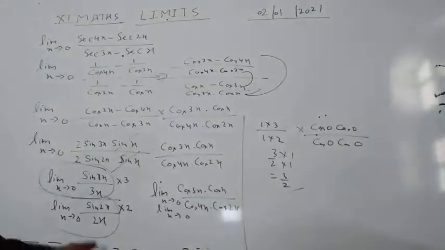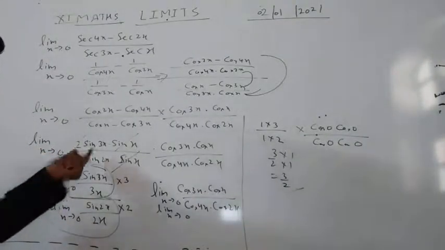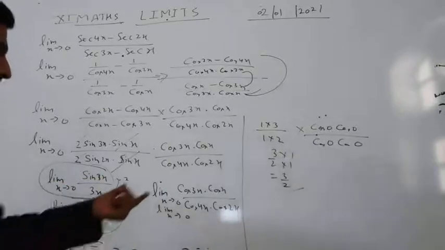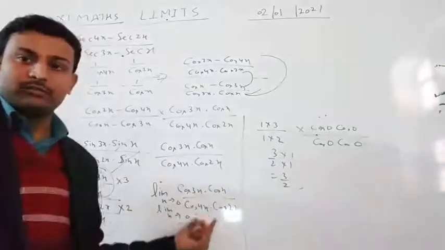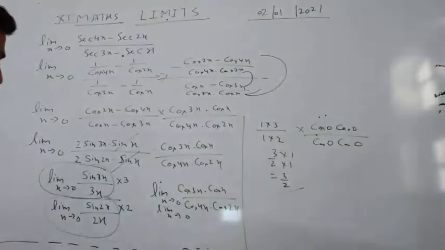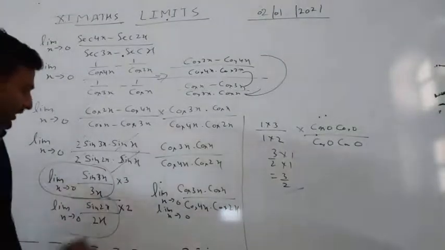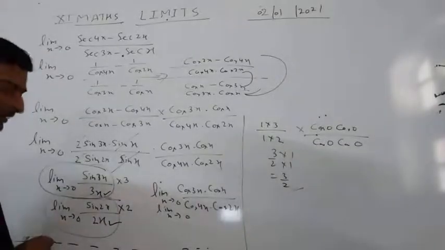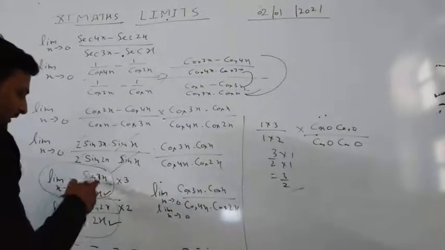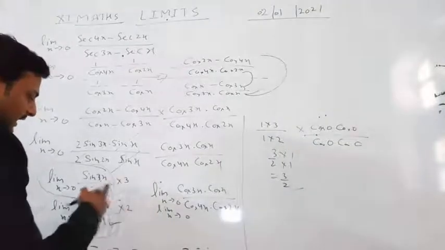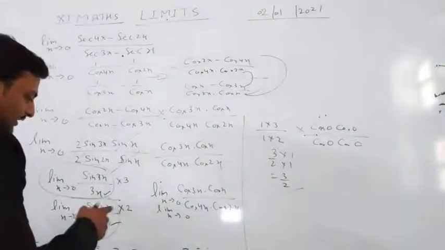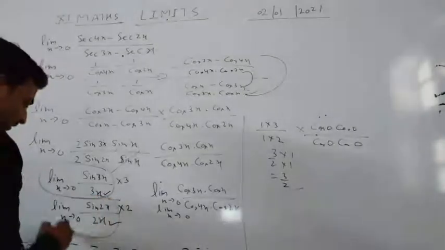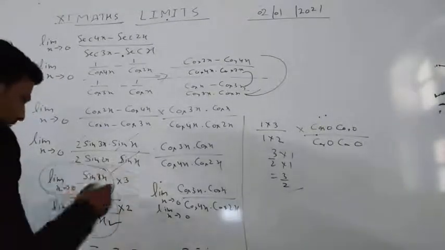Now students, we are taking the limits separately. So we write sin 3x, limit with sin 2x, and here with these both terms with the limit. Okay. So student, here we are dividing with x and x. Okay. And for making 3x, we are multiplying with 3 and dividing with 3. Making 2x, we are multiplying with 2 and dividing with 2. And this term student is 1 and this part is 1.